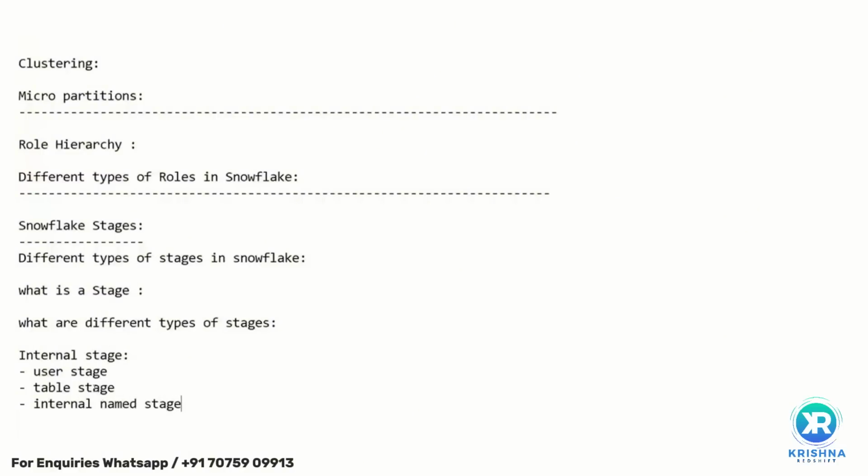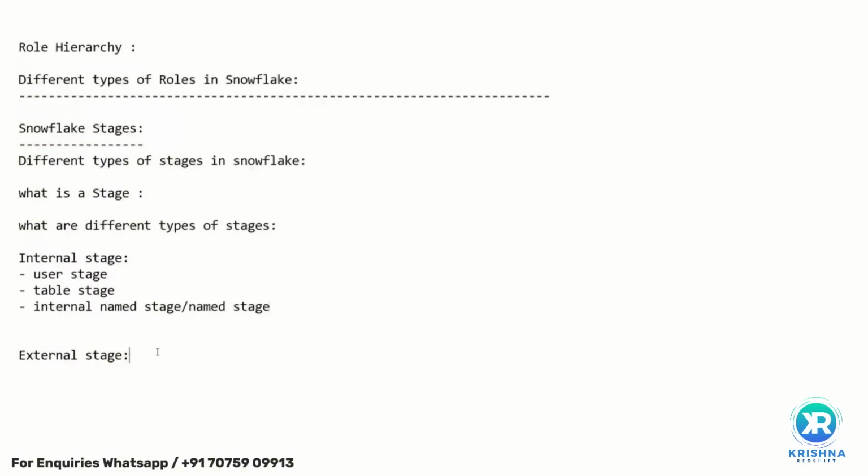Of course, you don't have to say internal named stage, you can also say named stage. Internal stage means the location of the files we are staging is within the Snowflake environment.